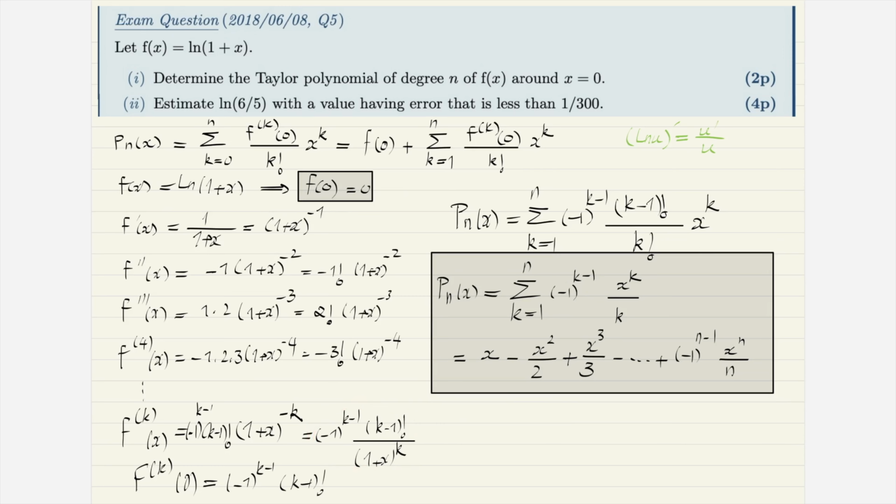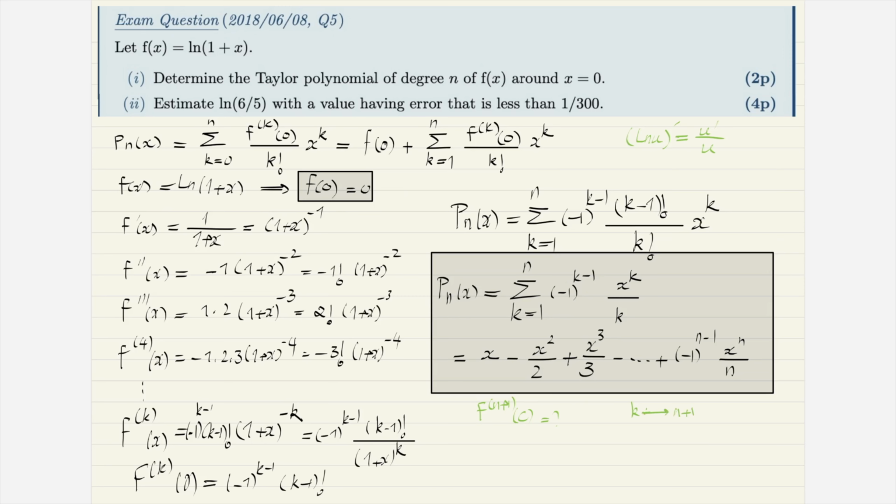What I want to calculate now, let me change my color, is the n plus first derivative at c. This is what I want to calculate. So this means that in this formula, I don't want k, I want n plus 1. So this means that I will switch k to n plus 1.